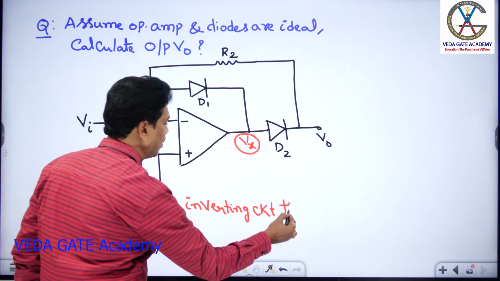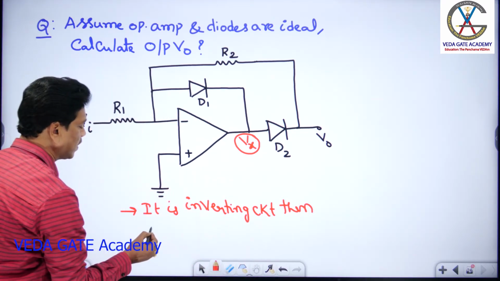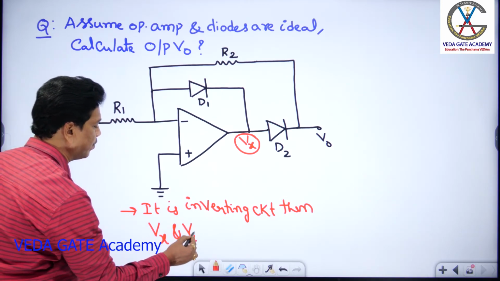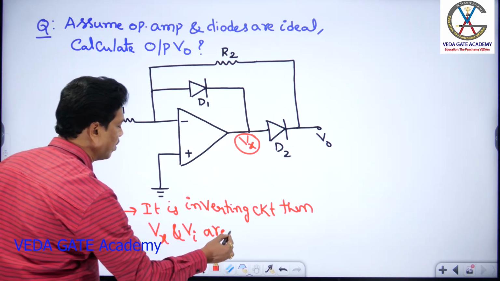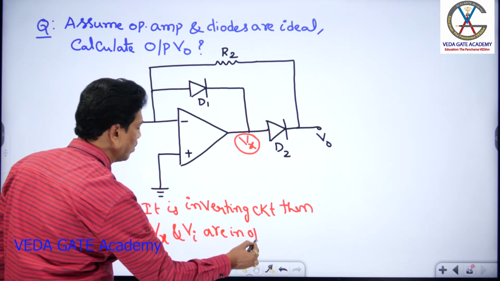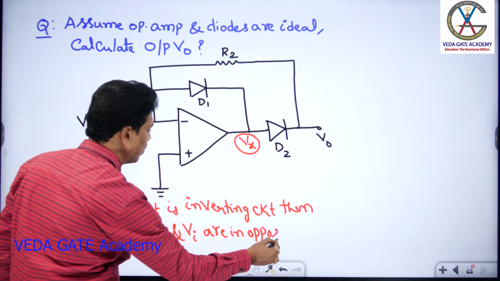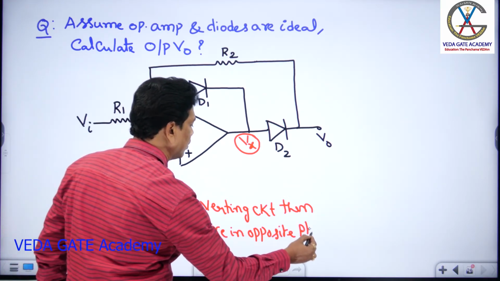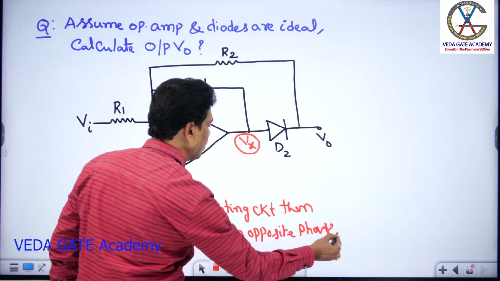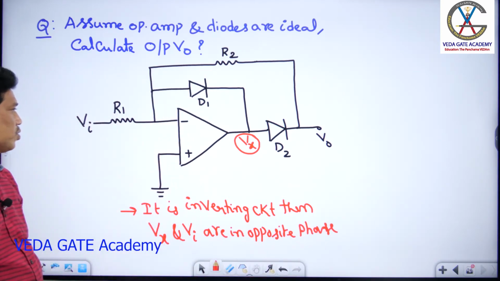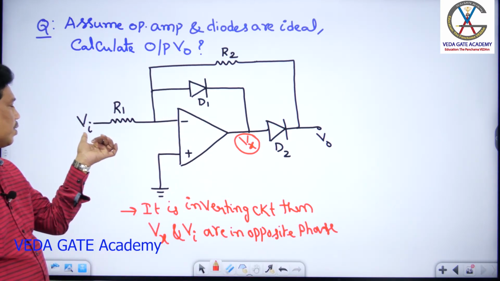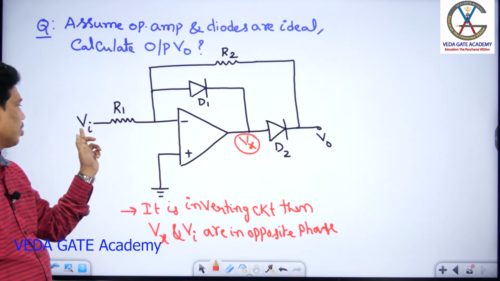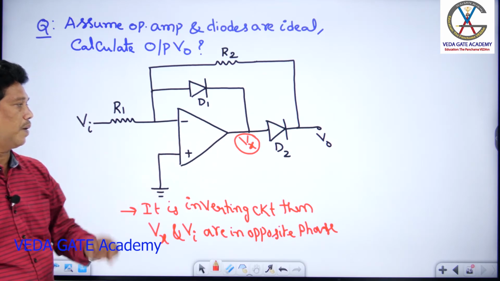The output Vx and the input Vi are in opposite phase. Suppose Vi is positive, that is greater than 0, then Vx is negative. If Vi is less than 0, that is negative, then Vx is positive.